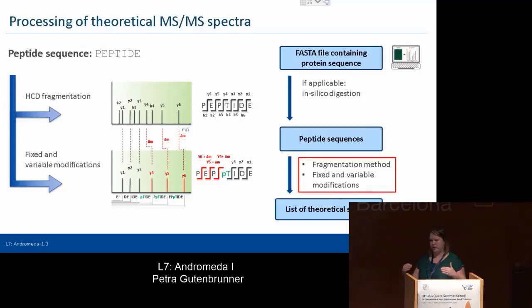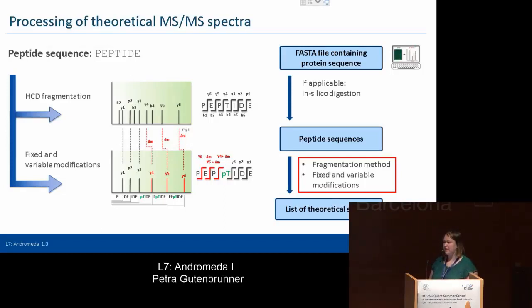When you have one peptide sequence and you expect more modifications, so you define them in your search, then you have to generate for all of these peptides all combinations of these modifications in order to be able to identify those. That's why you should be careful when you define the modifications as search parameters, that you don't just say, okay, I'll set 20 because I think they're all in there.